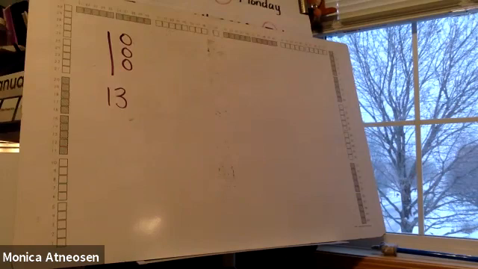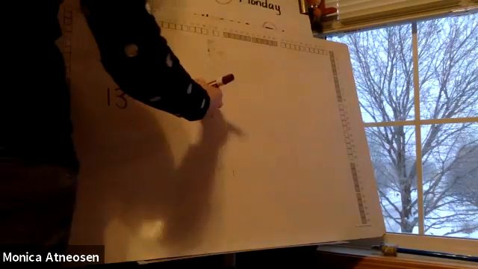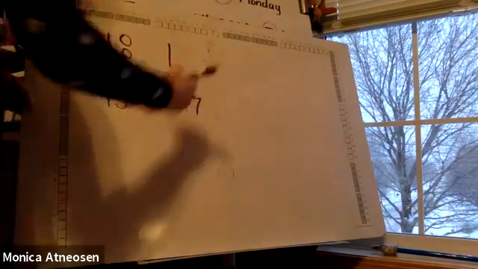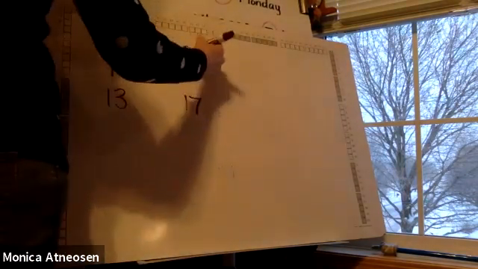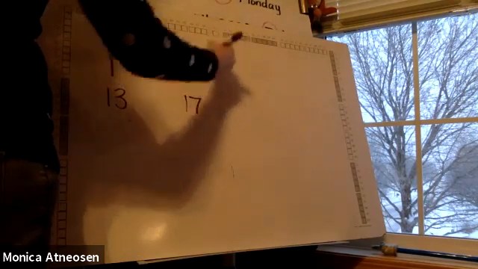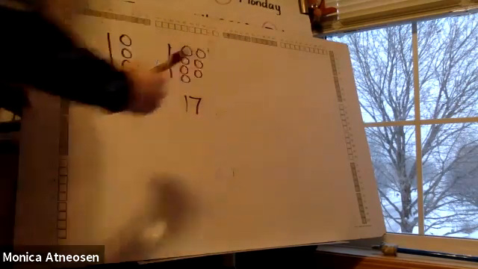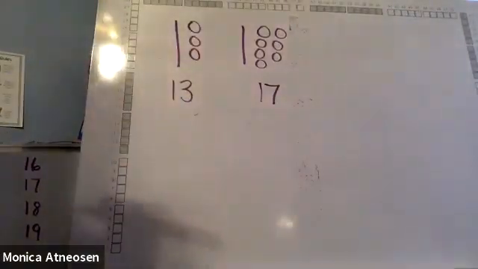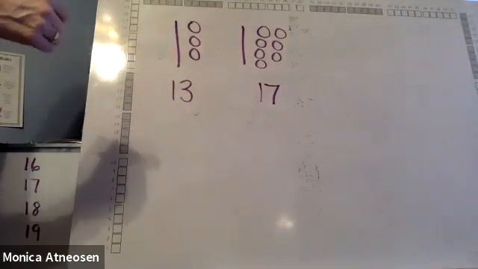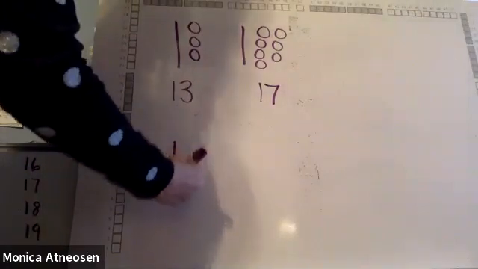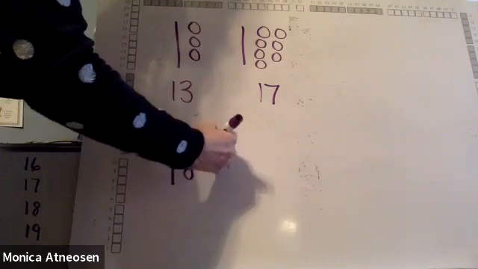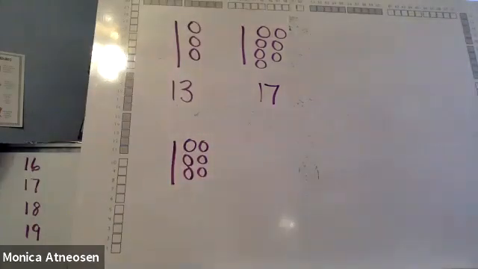Do it faster. Let's say I wanted to make 17. I would go 10, 11, 12, 13, 14, 15, 16, 17. We're always kind of looking for faster ways to do this. So let's say I saw a stick and I saw 6 circles.